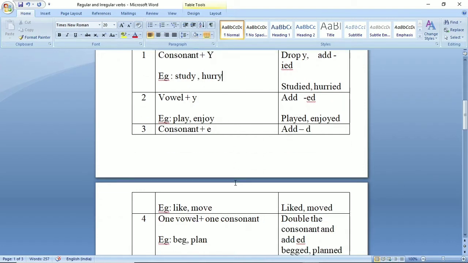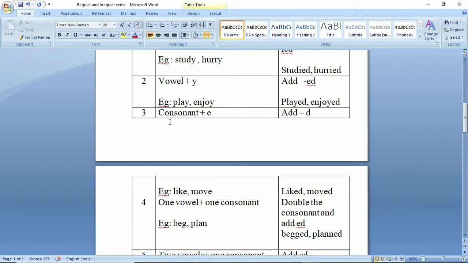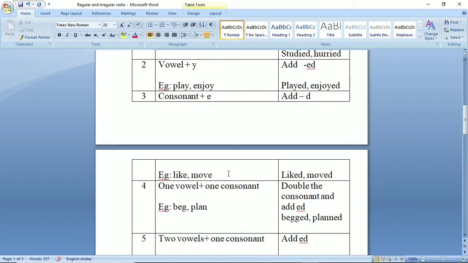Let us move to number 3, consonant plus e. If in your main verb the word ends in these two alphabets, it means the last alphabet is e and the second last is a consonant. Students, you already know that in English alphabets, a, e, i, o, u are the 5 vowels because they give you the sense of sound, and the rest of the alphabets come in the category of consonants, right?